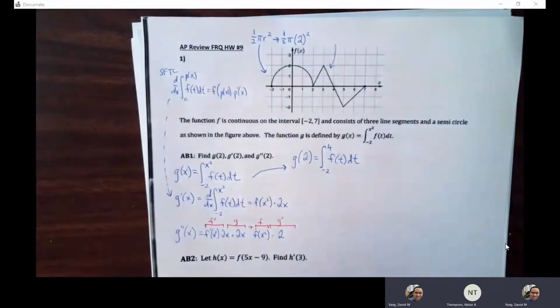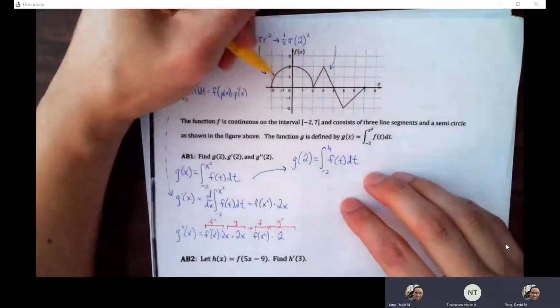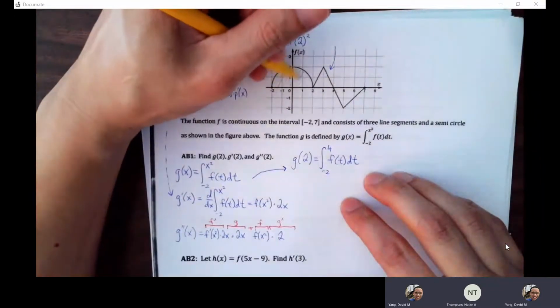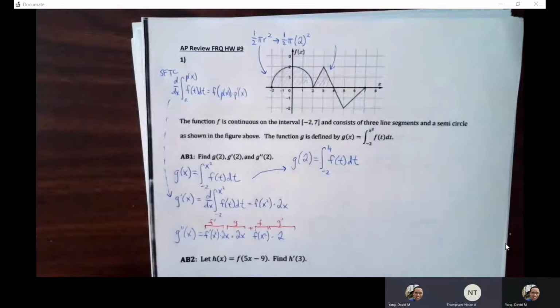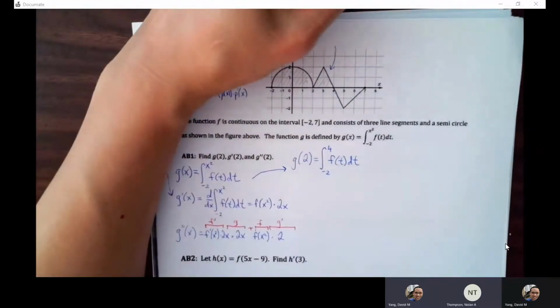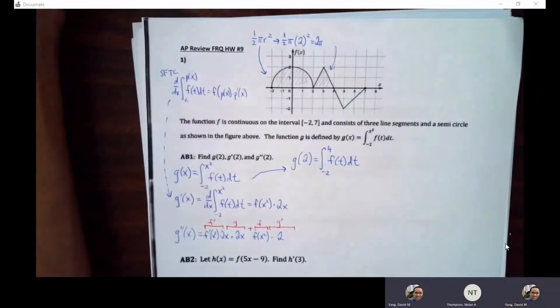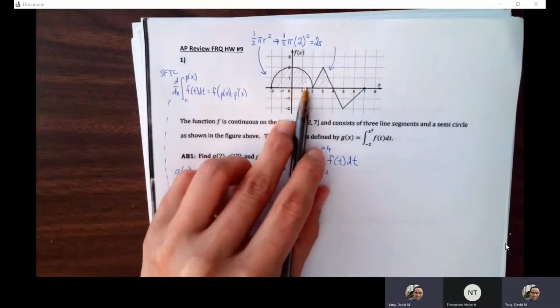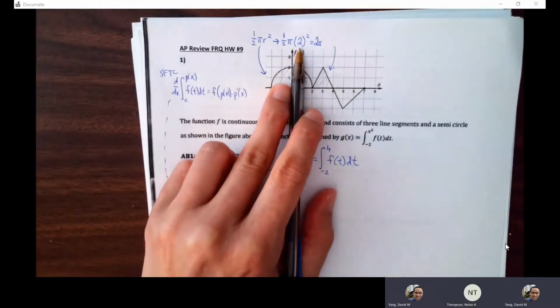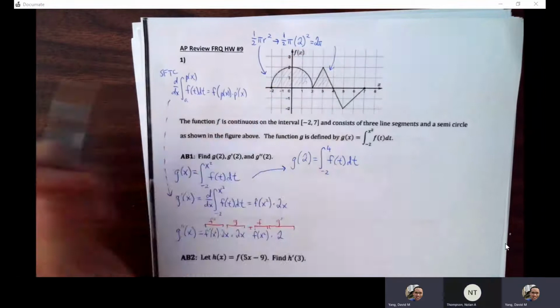So let's see. 1/2 times pi times this radius is 4, so 16, right? The radius is 4, right? Radius is 2, center to the circle. Oh, you're right. That's my bad. Yeah. So I think it's just going to be 2 pi.